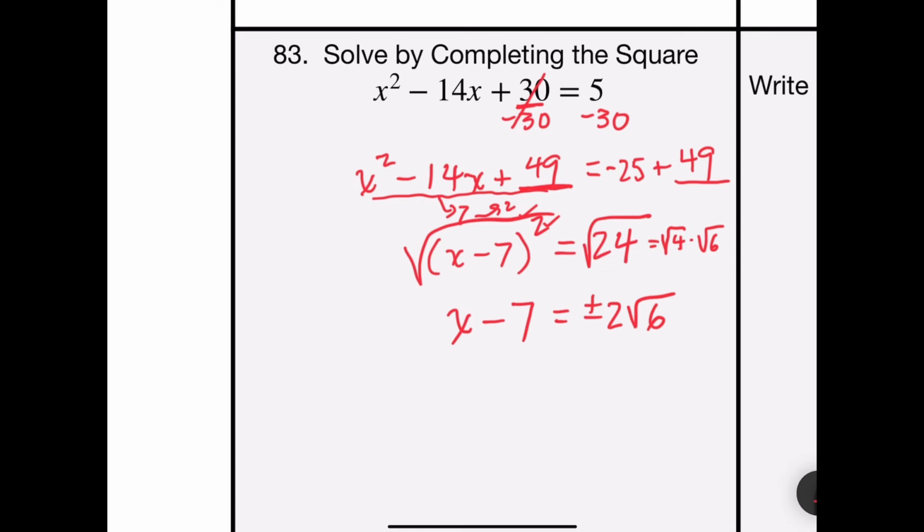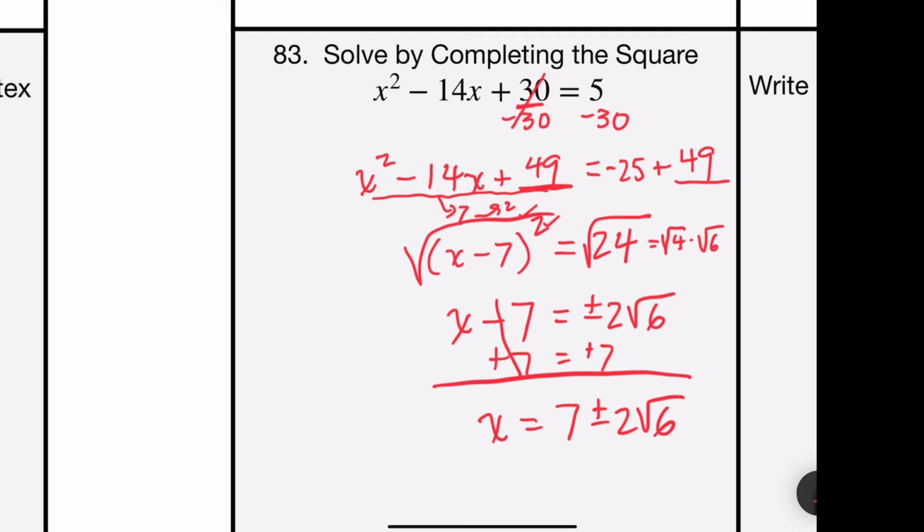All I have to do is add 7 to both sides to solve. 7 minus 7 is 0, or as some people say, it cancels out. 0 plus x is x, which I'm looking for. And 7 plus or minus 2 times the square root of 6 can only be expressed that way, they're not like terms, and so I would get x equals 7 plus or minus 2 times the square root of 6.